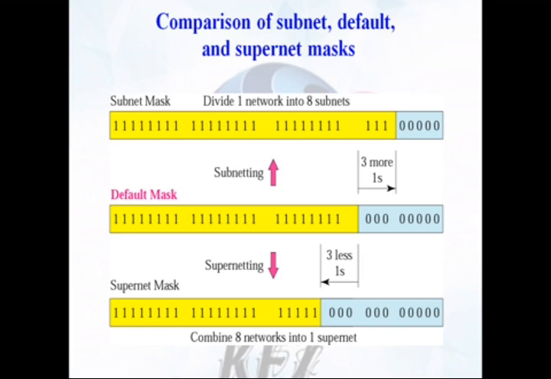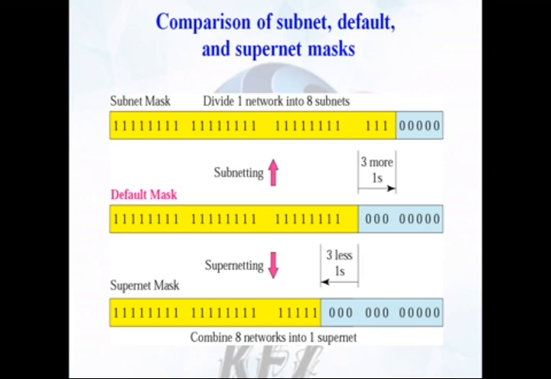See here, in this pictorial view, it will be very clear in what way the default mask is divided into subnet and supernet. Subnet means you need 3 more ones, and in case of supernet, you need 3 fewer ones.